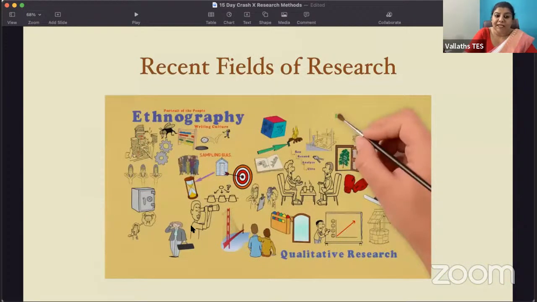Now, recent fields of research. There are so many new approaches in research coming up, guys. One is comparative literature. Comparative literature is a very important area. There are people who do MA in comparative literature also. Jadavpur University in Bengal, India, is the first major institute of comparative literature research.